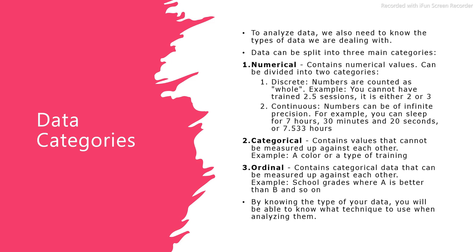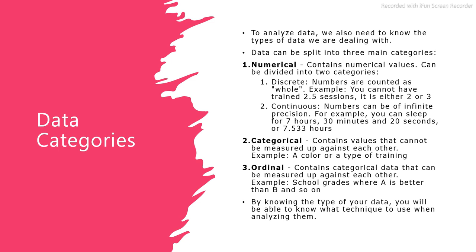But ordinal data is also categorical data basically, though there is some relationship between the data. For example, take your grading system in college or school: A grade, B grade, C grade. If A grade means marks of 90 or more, and B grade means more than 80, there is a relationship between the data.